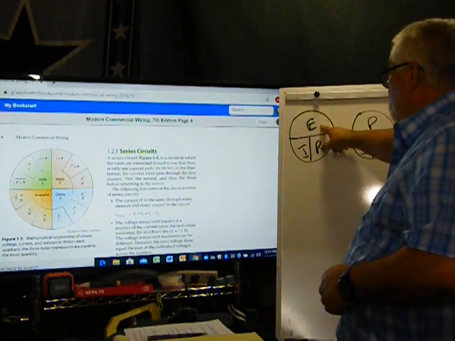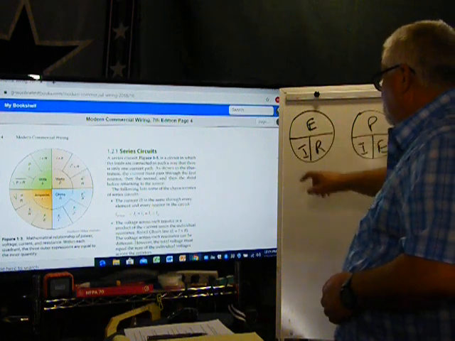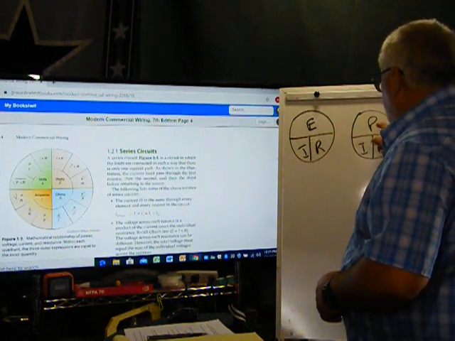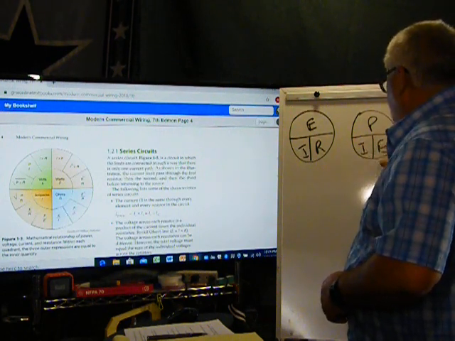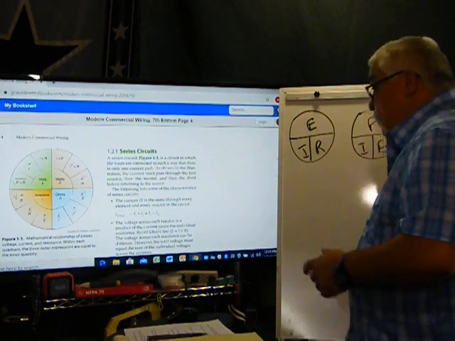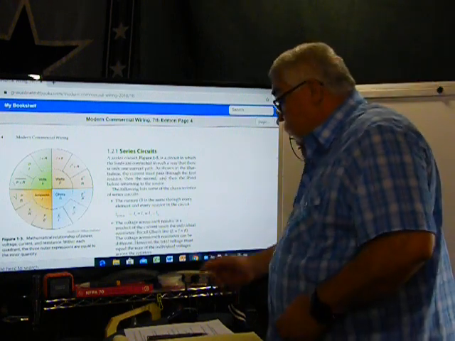E equals I times R, R equals E divided by I, I equals E divided by R, P equals I times E, I equals P divided by E. The other one is P divided by I, I'm sorry. So these are different formulas.